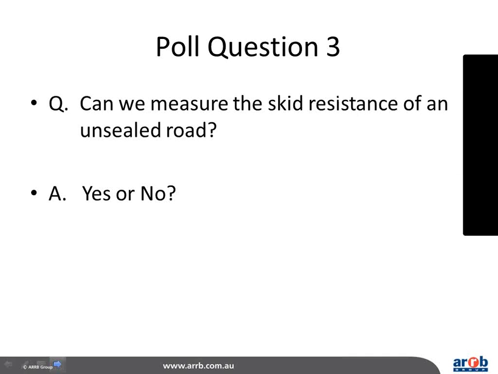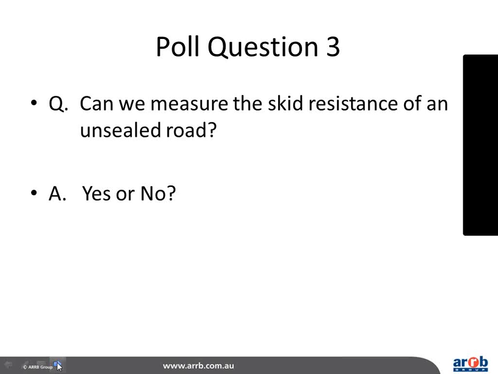Well, again, a bit of a spread in answer on that one. It depends which term you're going to use to talk about skid resistance on this one. Routinely, the machines that we've shown there, the Pendulum and the SCRIM, you wouldn't use on an unsealed road surface.